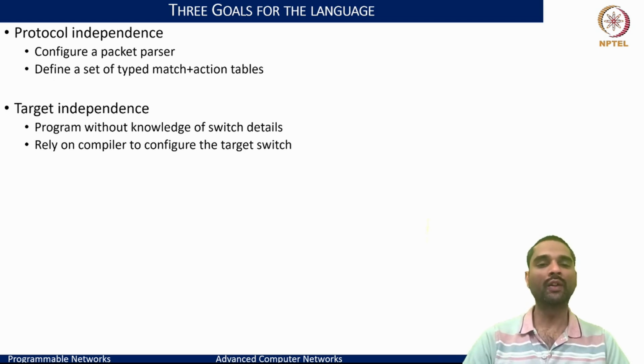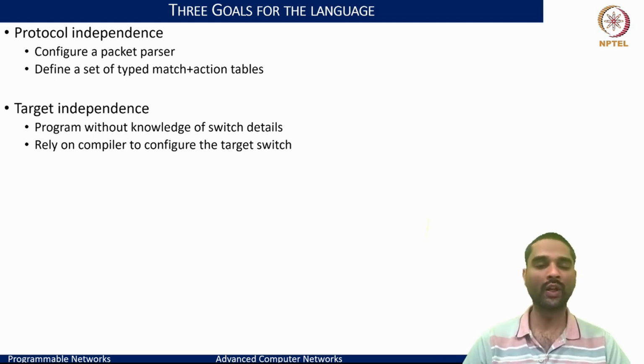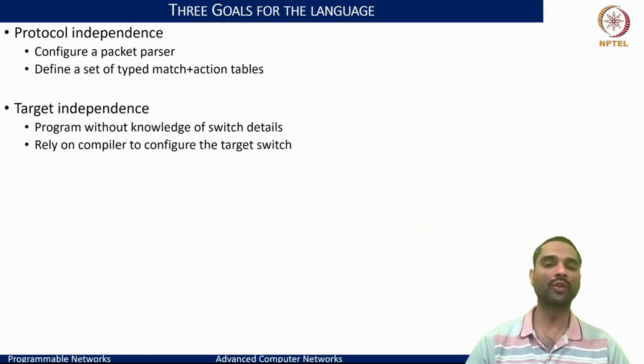But a compiler would take care of translating the high level language into the hardware specific language, like ISA specific instructions to build the program. We would want similar aspects when we deal with networks, so that we rely on a compiler to configure the target specific aspects, but a program would be written without the knowledge of switch details.